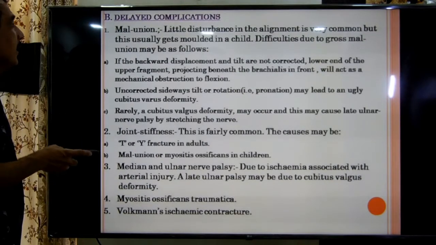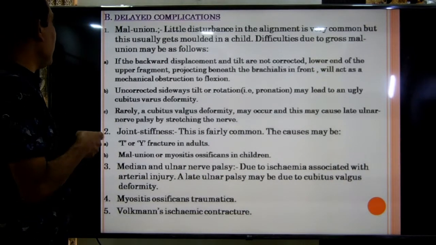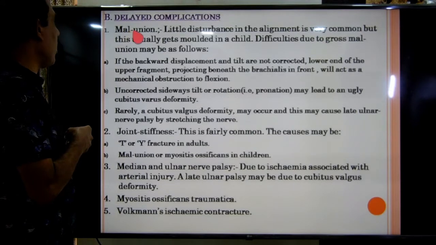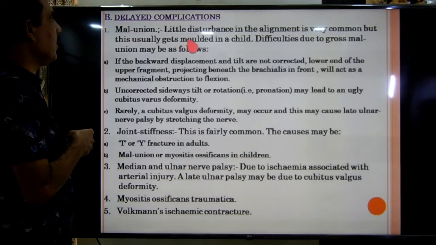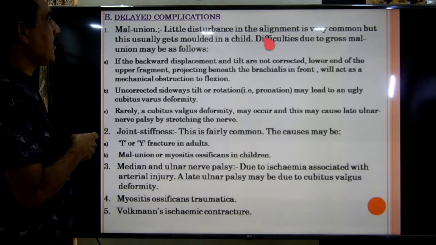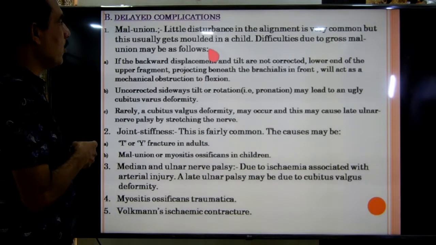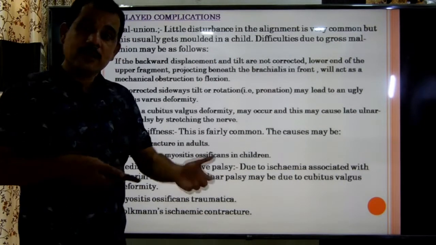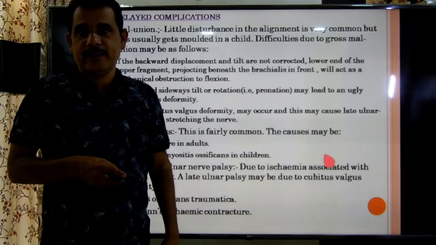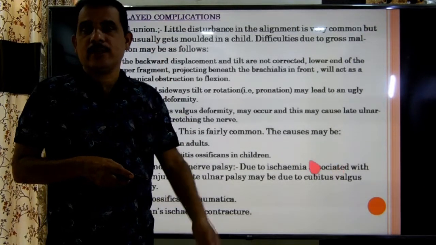Then the delayed complications. The first is malunion, which is the commonest one. Little disturbances in alignment are very common, but this usually gets modulated in the child with growth, as age grows.